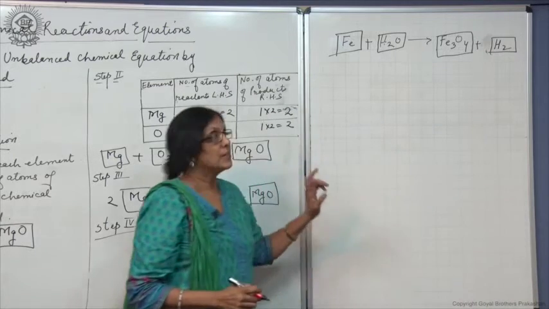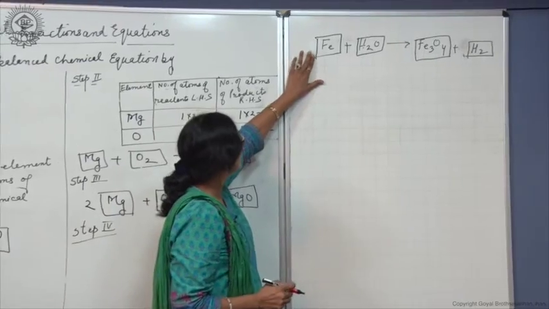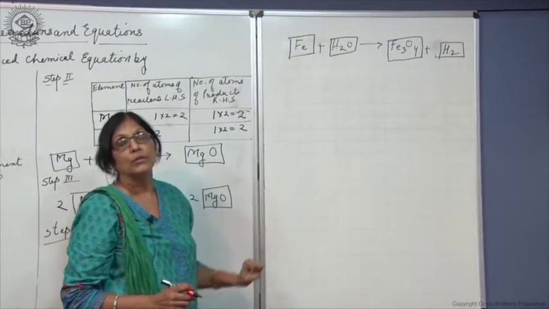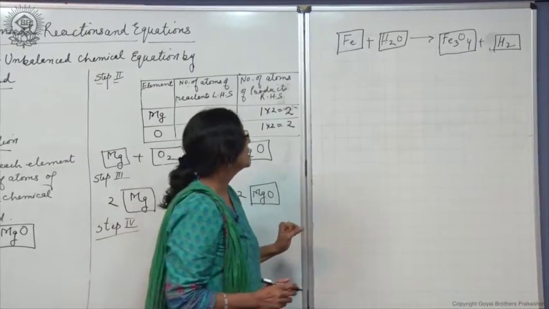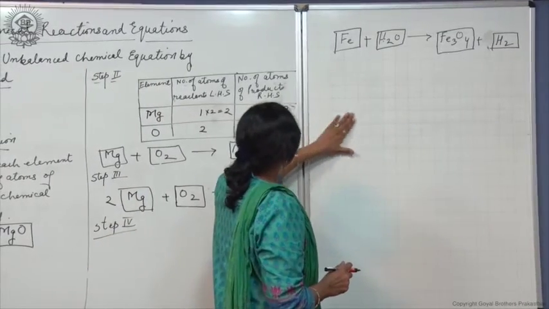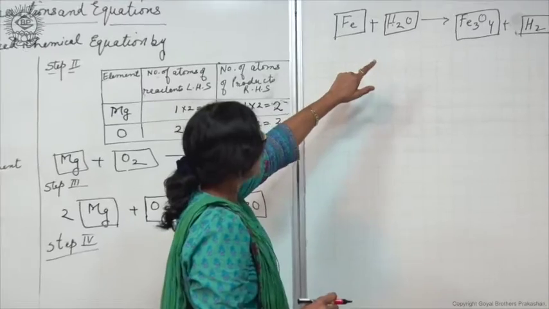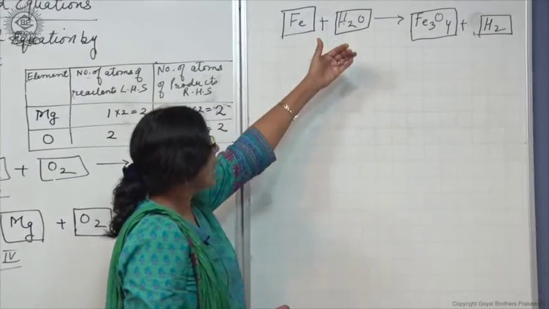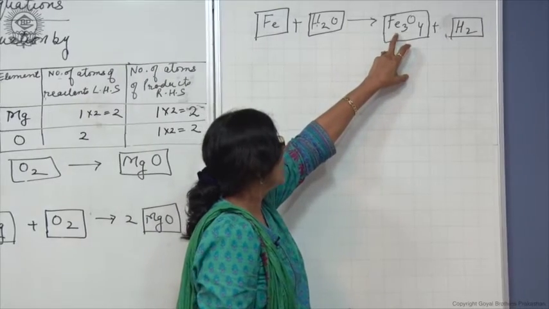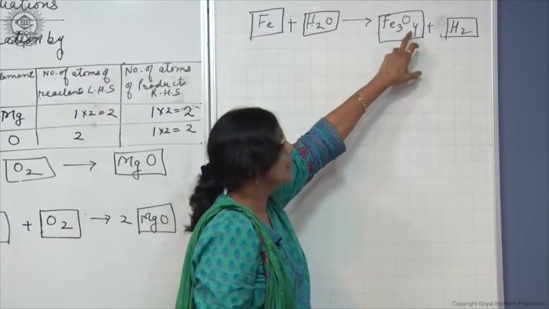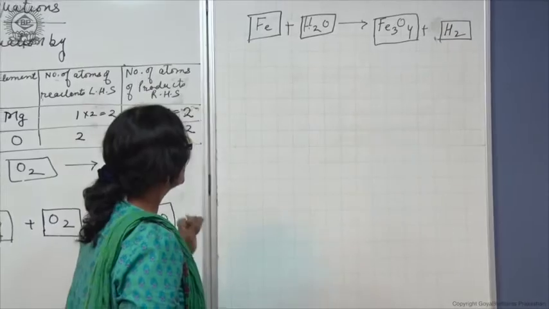Nothing can be written inside the box; no number can be written inside the box to make the number of atoms equal on both sides. The first rule is that we have to start with the atom with the higher number. Here the higher numbers are of iron atoms and oxygen atoms, so we will balance from that.